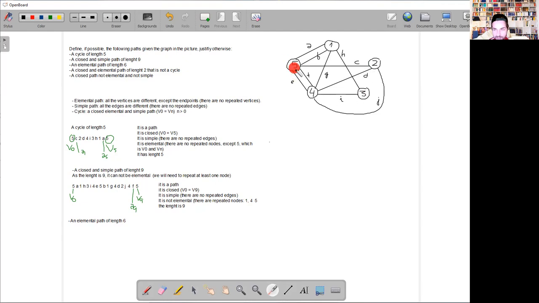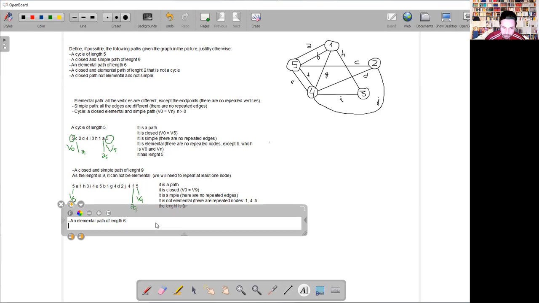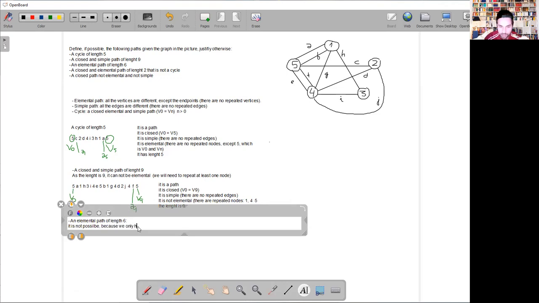So in this case, it's not possible because we only have 5 nodes, right? So with 5 nodes, we can't have an elemental path of length 6. So let's write it here. It is not possible because we only have 5 nodes.